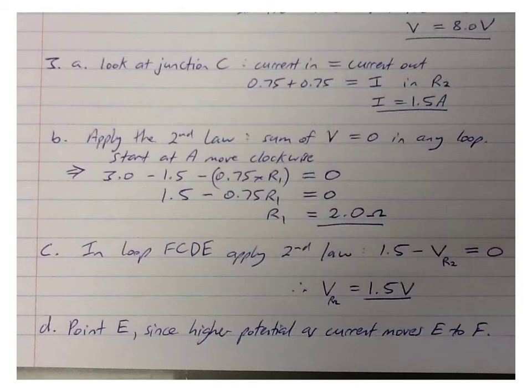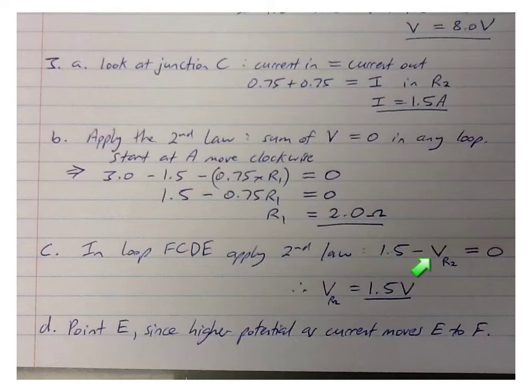Okay, part C. What would be the reading on the voltmeter across R2? In this case, the easiest way to do this is to look at loop FCDE, which contains R2, and apply the second law. Now we have the cell. If we start at, say, junction F and move across that cell with the current, we gain 1.5 volts.